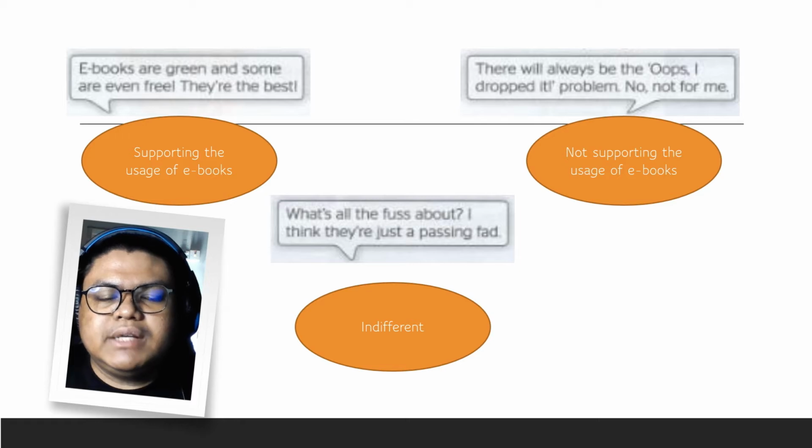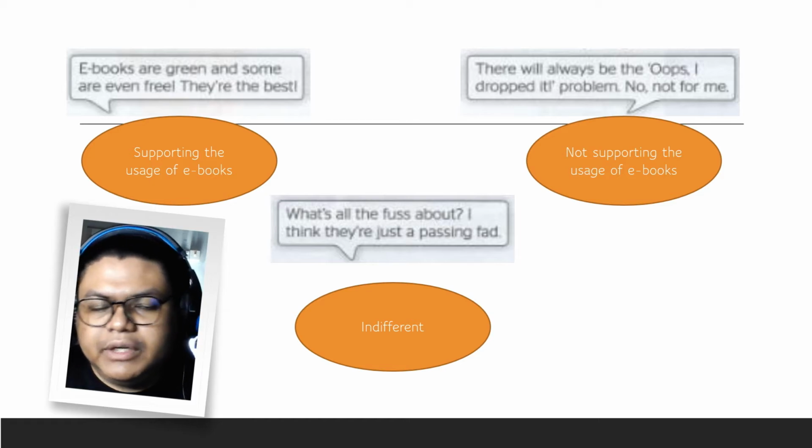So awak rasa, okay, you guys think, what do you think if a person supports the usage or the topic? Okay, the person would naturally say nice things about the topic. Okay, for example, like the first person. Okay, if the person does not support the topic, does not support the idea, naturally the person will be focusing on the disadvantage.